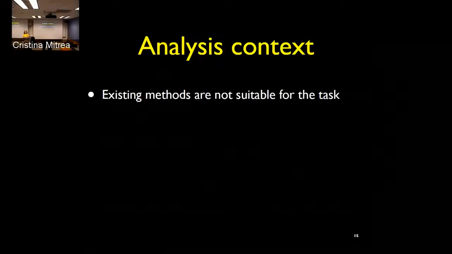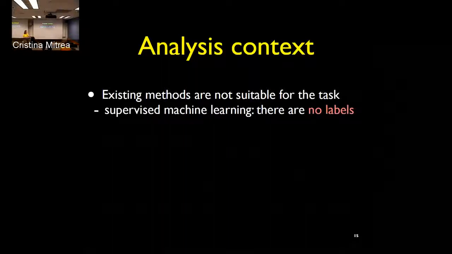And existing methods so far are not suitable for this, and that's a bit of related work so that we know there is a need for this method. Supervised machine learning, there are no labels in this case. We don't have disease and no disease labels for this kind of data.